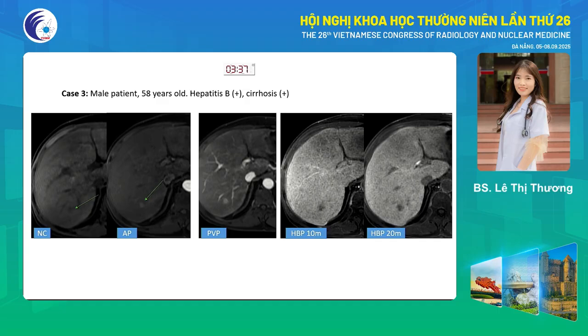Strong contrast enhancement in arterial phase, but no washout in venous phase. This has no typical imaging feature of hepatocellular carcinoma, but in the hepatobiliary phase, this nodule has decreased signal compared to surrounding liver parenchyma. And biopsy confirms this lesion is HCC.